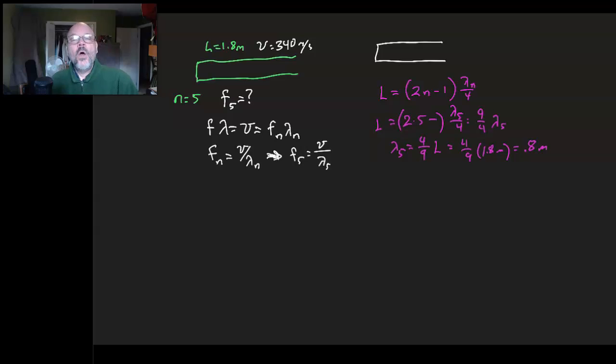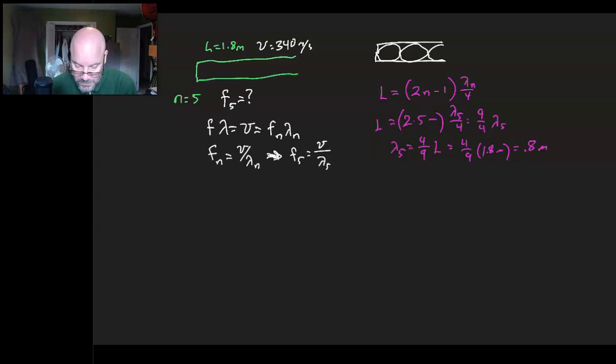Remember, with the anti-symmetric ones, you've got half wavelengths and then a quarter dangling on there. So we might have something like this. Here's a half wavelength, here's a half wavelength, and then a quarter. That's our picture of the wavelength.